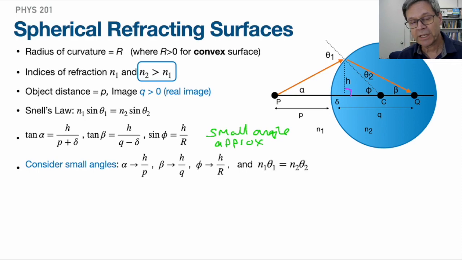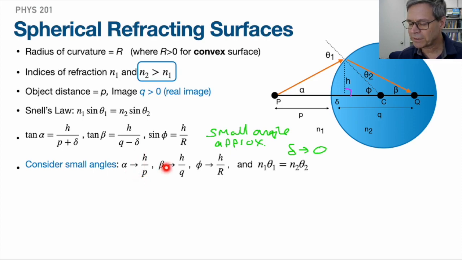But anyway, in that case, when the angles are small, the tangent of an angle is approximately equal to the angle itself. So tan alpha becomes alpha. And this extra amount delta, when we stick very close to the optical axis, approaches 0. So we can ignore delta in the denominator, and I just have that alpha becomes h over p.